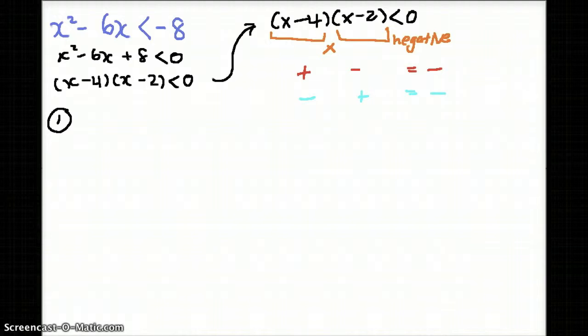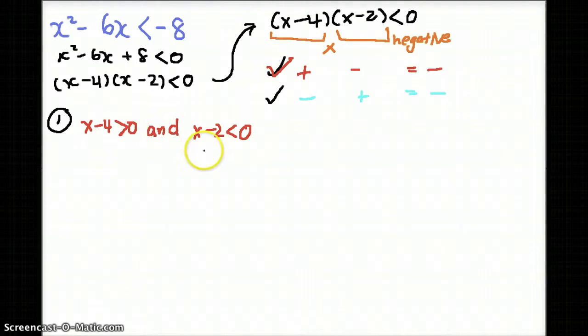So we have two different cases. So we have either this case, or we can have this case. And so we're going to write this down. So I'm going to go over this part first. So we have x minus 4 is a positive number, so greater than 0, and x minus 2 is less than 0. So this has to be a positive number, and this has to be a negative number. That is scenario 1.